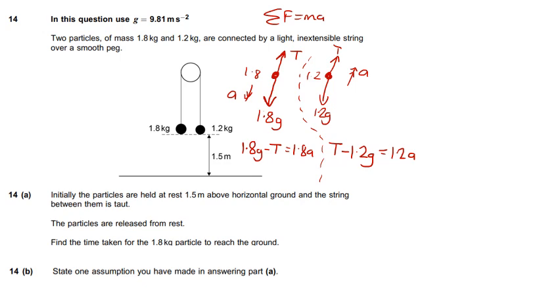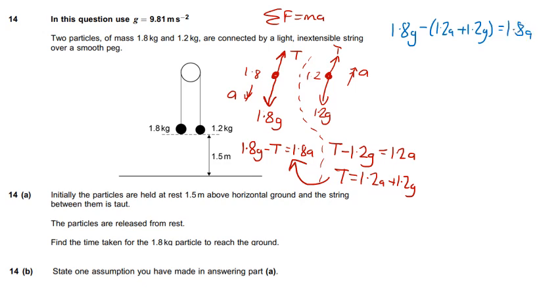Okay, let's solve these together. So what I'll do is rearrange the second one for T: 1.2a plus 1.2g. And then I'll substitute that into the first equation. I'll change colour to try and make this a bit less confusing. 1.8g minus (1.2a plus 1.2g) is equal to 1.8a.